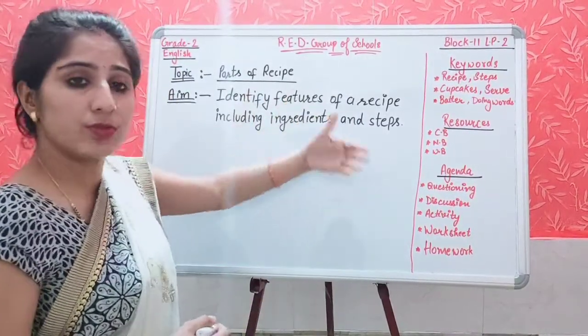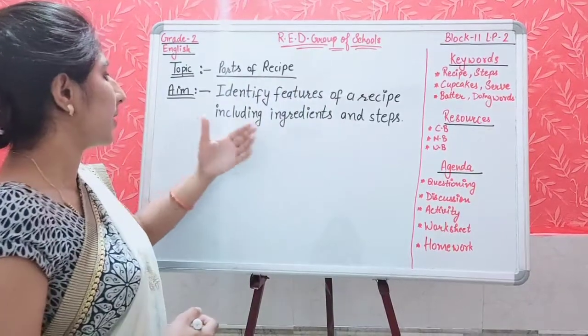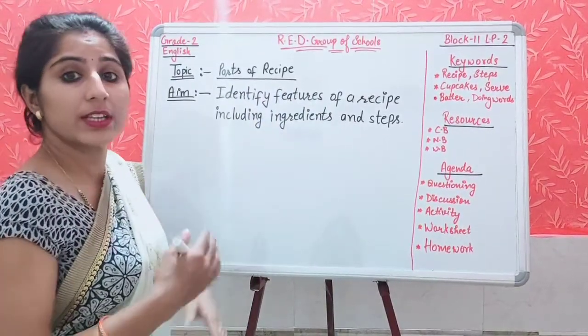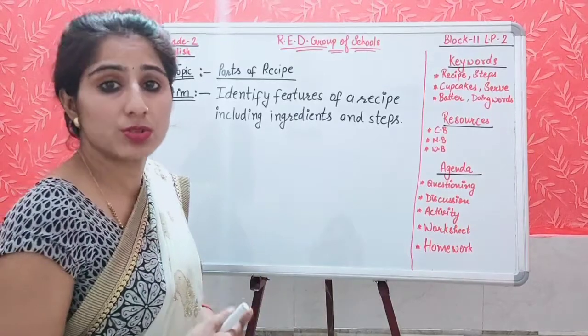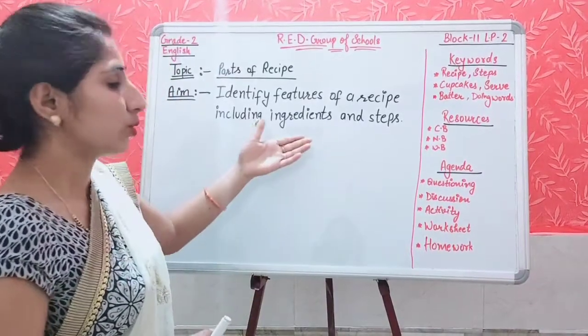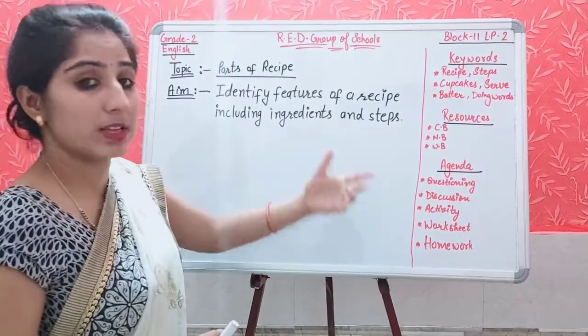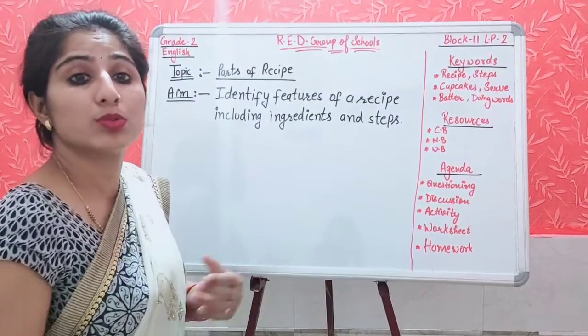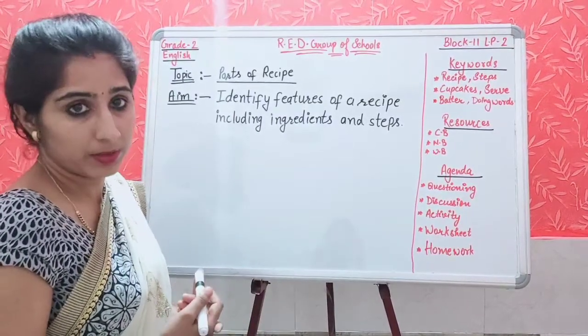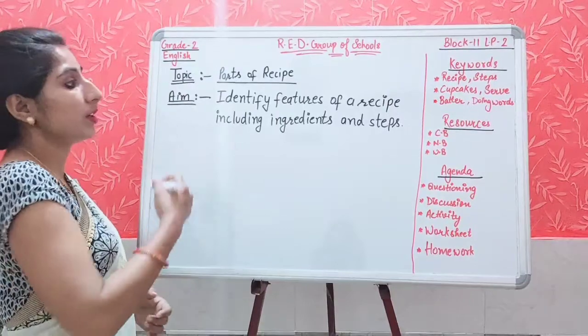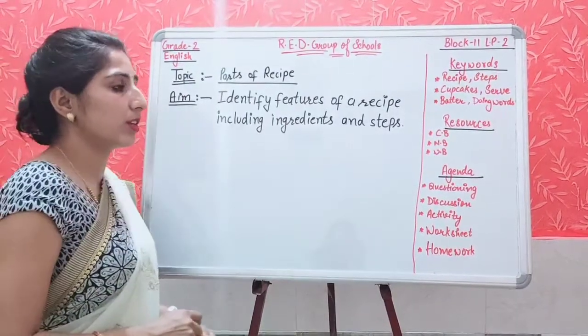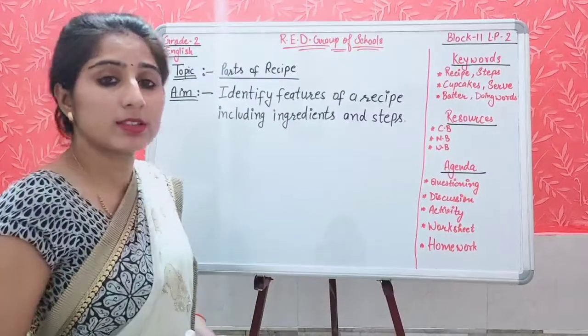Ingredients means the things you need, कौन कौन सी चीज़ों की आपको ज़रूरत होती है. Both things are called ingredients. And steps means how to prepare the recipe. So today we will find out the features of a recipe, including ingredients and steps.